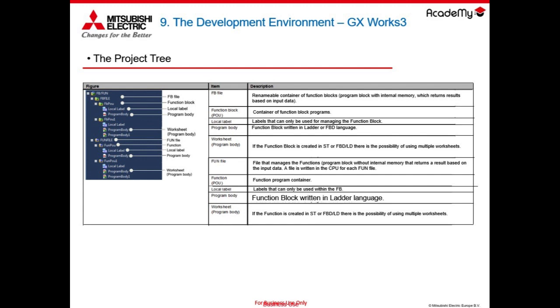Next, we will find a FB part dedicated to the creation and containment in the project of any user function blocks and user functions. As for the POU, also the function blocks and the functions are composed in turn of two main components: a local label part, dedicated to the introduction and definition of any local labels referred to this particular POU, and a program body, which will change its appearance according to the programming language.